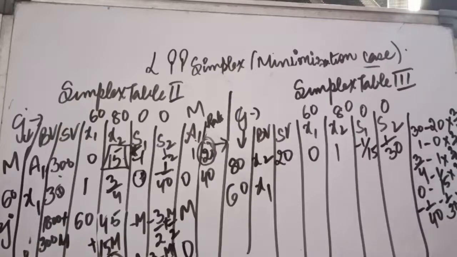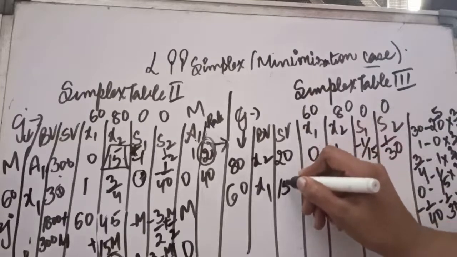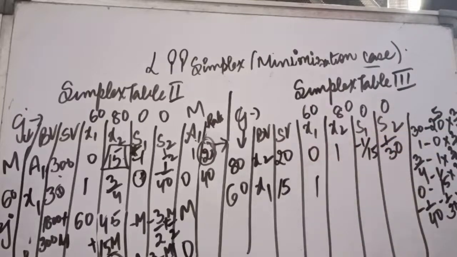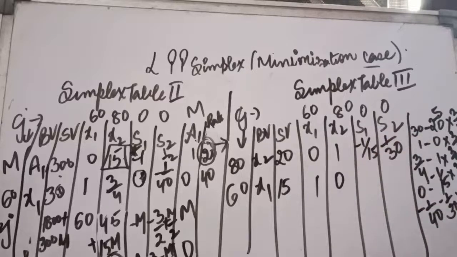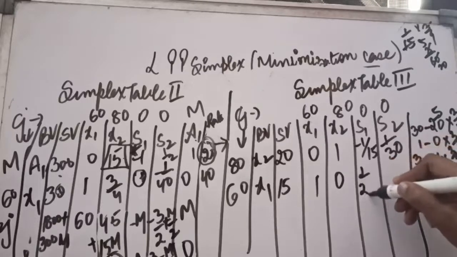Now we will make the calculations. 30 minus 15. So the first answer comes out to be 15. 1 minus 0 comes out to be 1. 3 by 4 minus 3 by 4 comes out to be 0. Then 0 minus, plus 1 upon 15 into 3 by 4. So this comes out to be 1 upon 15 into 3 by 4, that is 1 upon 20 positive.